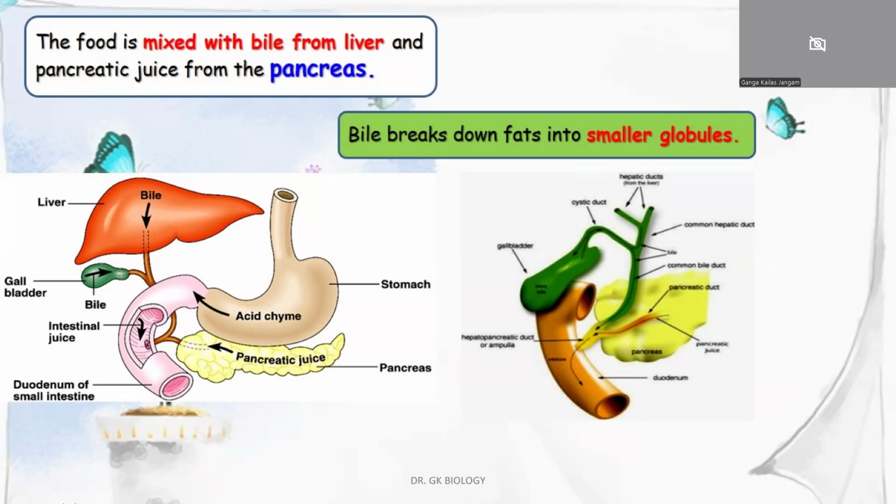Along with the alimentary canal, we have digestive glands in the form of salivary glands, liver, and pancreas. Here, the pancreas releases pancreatic juice, and the liver releases bile juice. What is the function of the bile juice here? The bile breaks down fats into smaller globules.